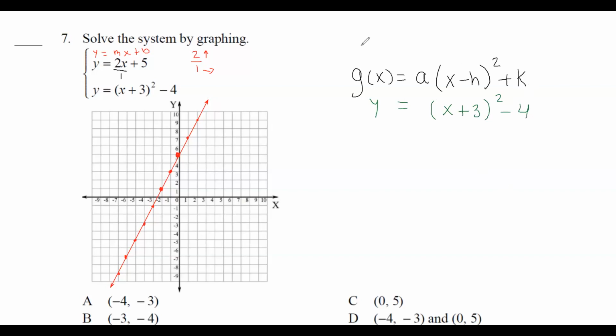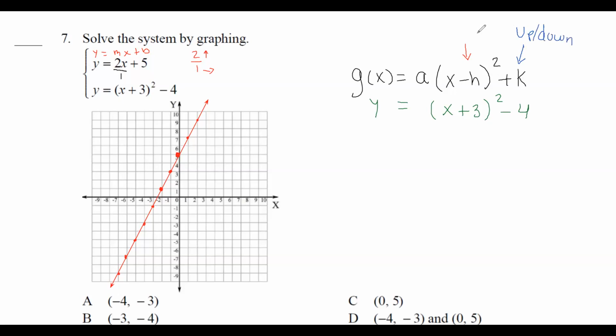Now we had different parameters. Do you guys remember what this parameter does? H, can you recall? What does my H parameter do? My K moves it up and down.